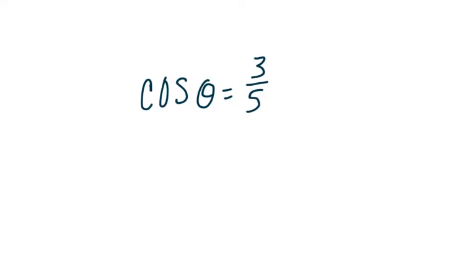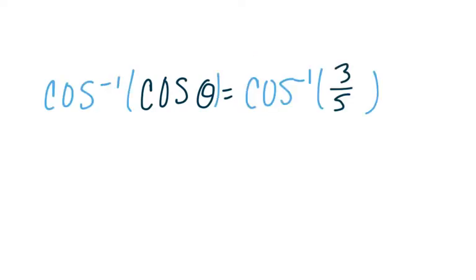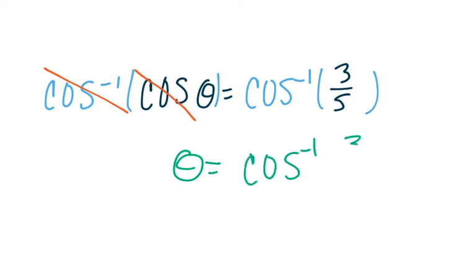So if we take cosine inverse of both sides, we'll cancel the cosine on the side with our theta, and we are left with theta equals cosine inverse of 3/5.